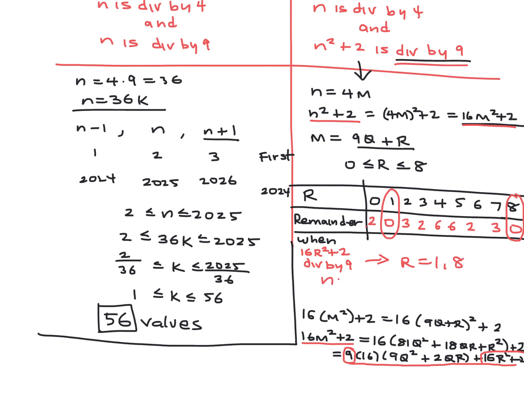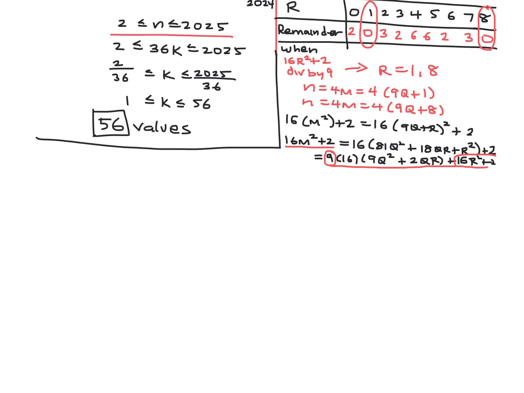So that means that n is 4m and m is 9q plus r, so that would be n is 4 times 9q plus 1, or n is equal to 4 times 9q plus 8. Okay, there you go. Those are the values for n.